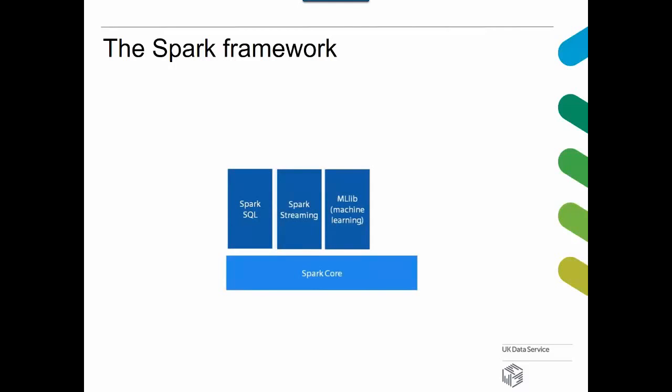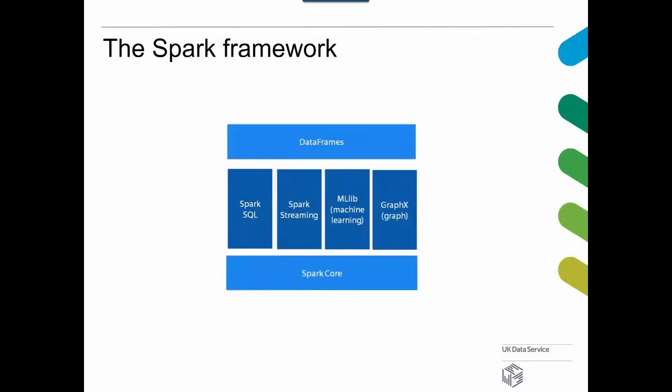We've got MLlib, which is machine learning or statistical analysis, so that's your clustering algorithms and things like that. And then we've got GraphX, which does the graph database. And across all of those, we have data frames. And data frames are the part of Spark which allows you to treat everything, from the user's point of view, as a table.